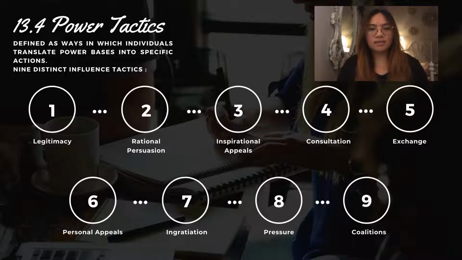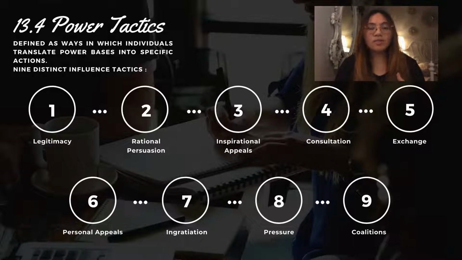Next is exchange, rewarding the target with benefits or favors in exchange for acceding to a request. There are also personal appeals, that is asking for compliance based on friendship or loyalty. Next, ingratiation, using flattery, praise, or friendly behavior prior to making a request. And pressure, which is using warnings, repeated demands, and threats.